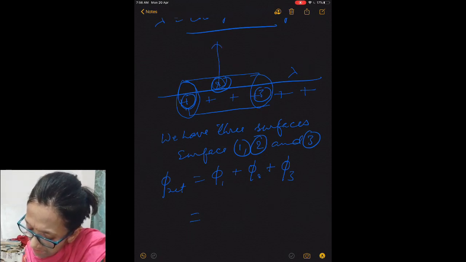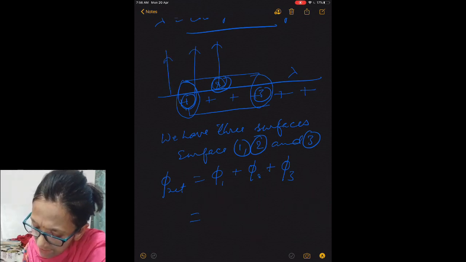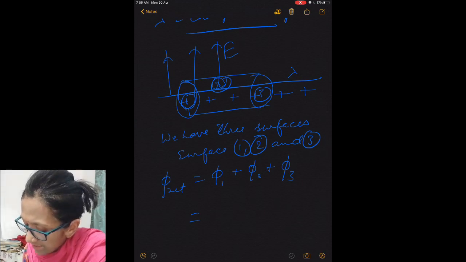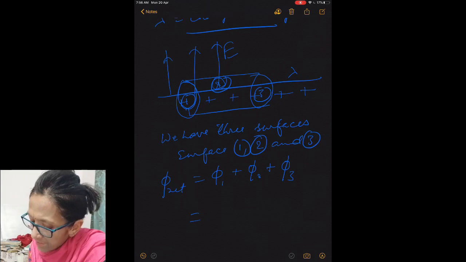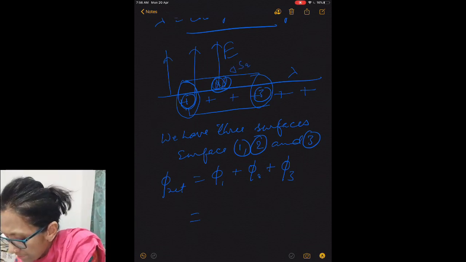Here, electric field due to a linear charge distribution will be perpendicular to the linear charge distribution. The direction of electric field is this one, and which is parallel to surface vector here.